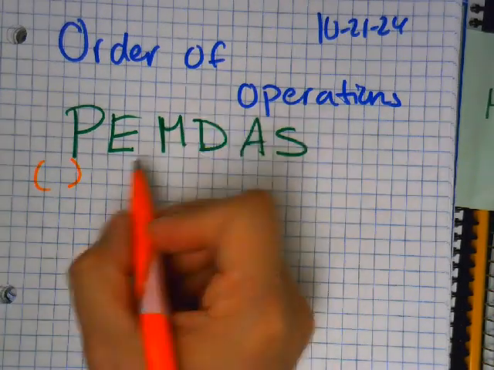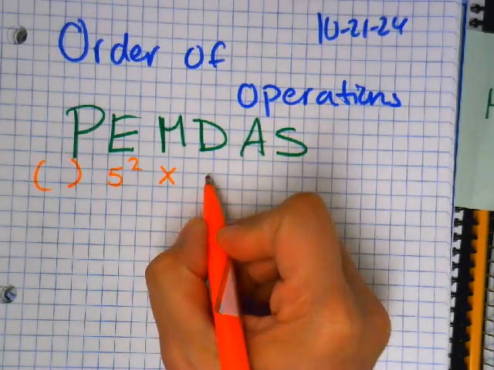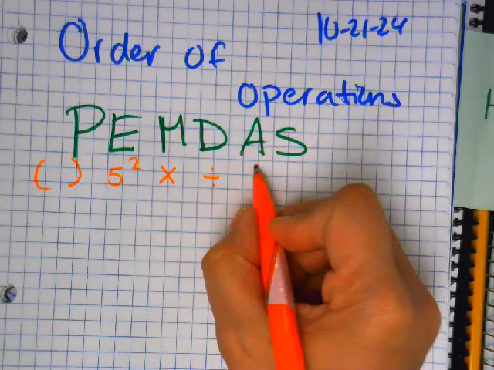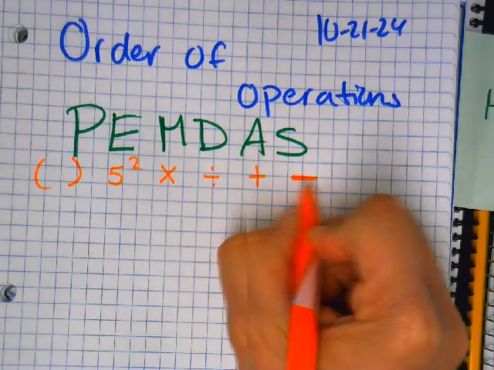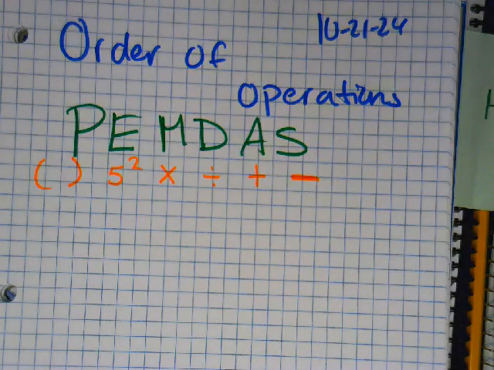E? M? D? A? And? Good. Parentheses, exponents, multiply, divide, add and subtract. Does subtraction always go last? No.